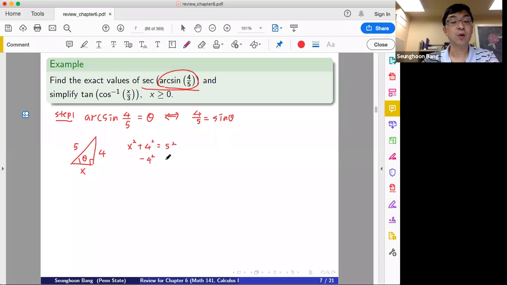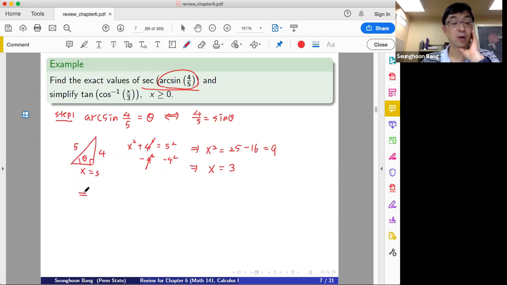Subtract 4 squared from both sides, so we have x squared equals 25 minus 16. We have 9. Take the square root. We have 2 possible answers, positive 3 and negative 3. The length is always a positive number, so only choose positive 3.